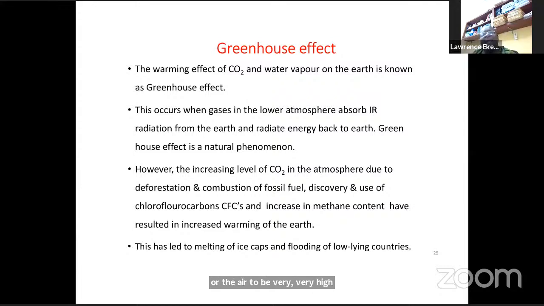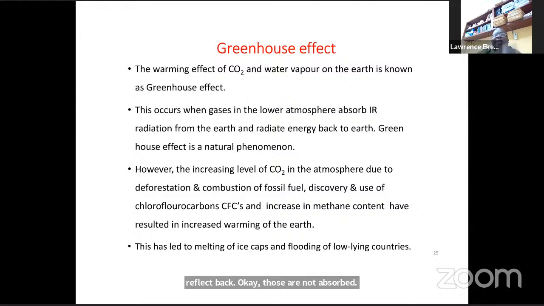And when it is high, the gases in the lower atmosphere on the Earth's surface will absorb these radiations. And those that are not absorbed will be reflected back.